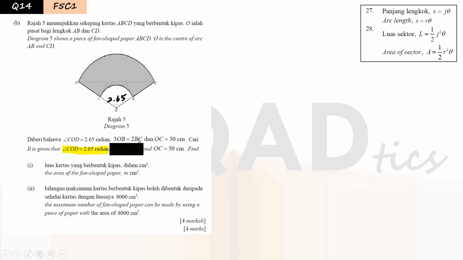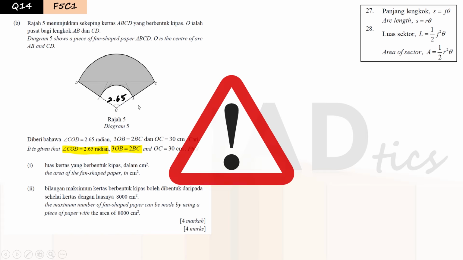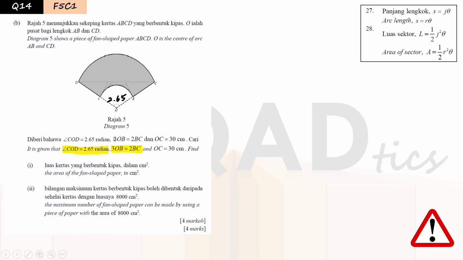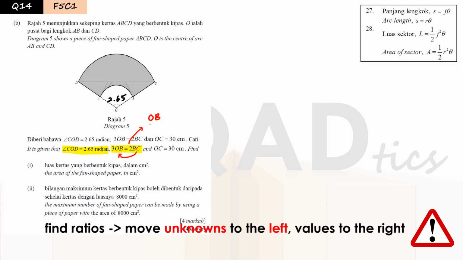Alright, and for the second part, they gave us the ratio of OB and BC, which is these two lines. Okay, so to figure out the ratio, let me do some adjustments in this equation. For the left side, I'm going to remain OB on the left side, but I'm going to move BC to the left side. So here will be divided by BC.